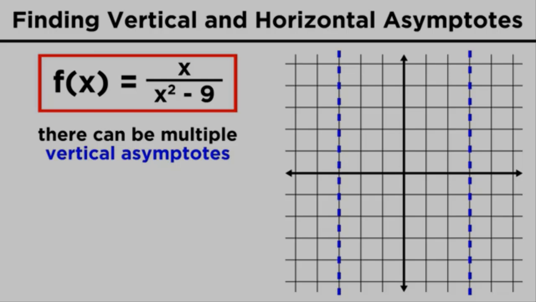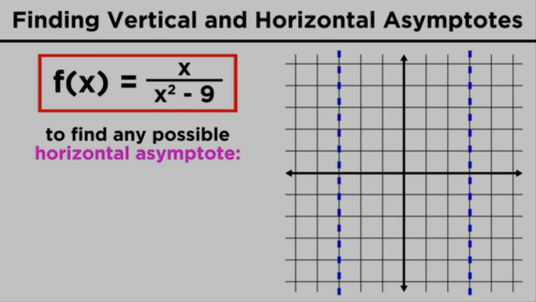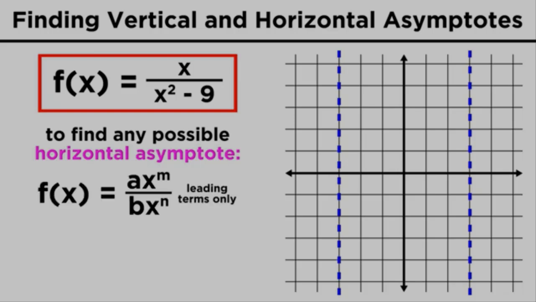We can also find out if there is a horizontal asymptote. We should note that while there can be multiple vertical asymptotes, there can only be one horizontal asymptote at most, so it's either 1 or none. To find out which, we list the numerator and denominator of the function as polynomials in standard form, not as products of factors. Then we look at the leading terms. If the denominator is a higher degree polynomial than the numerator, y equals 0 will be an asymptote.